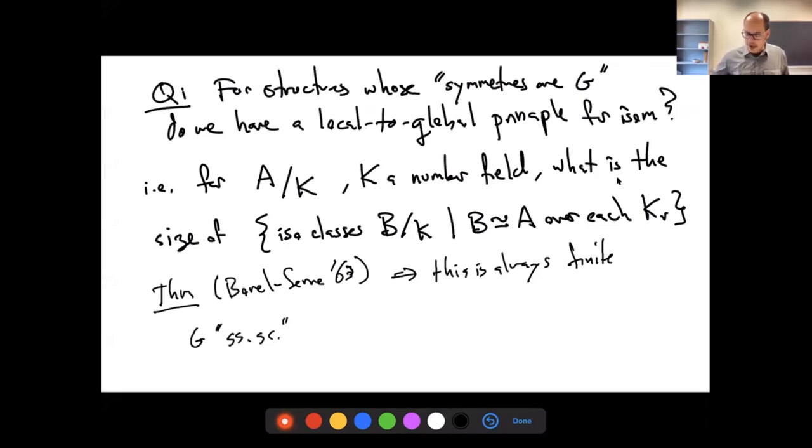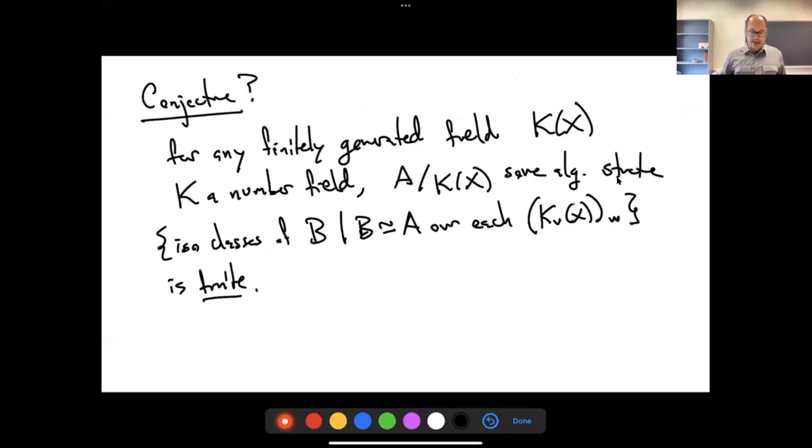Okay, so let me end by asking, what does one expect to happen for these more general algebraic structures when you have parameterized families of them?